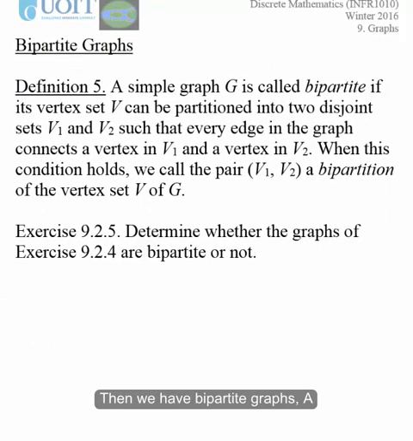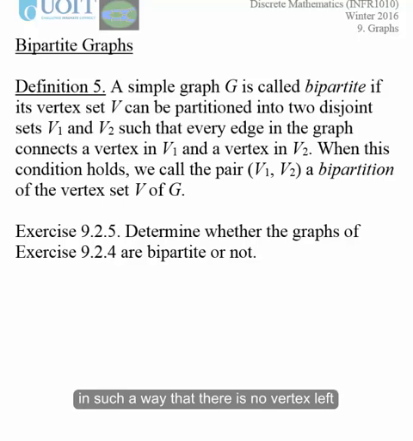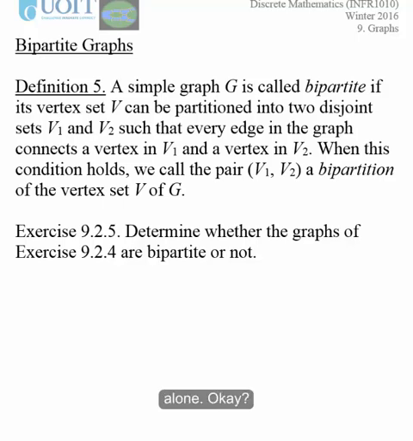Then we have bipartite graphs. A bipartite graph is such that if you remove some edges, then you're going to have two different graphs in such a way that there is no vertex that is left alone.